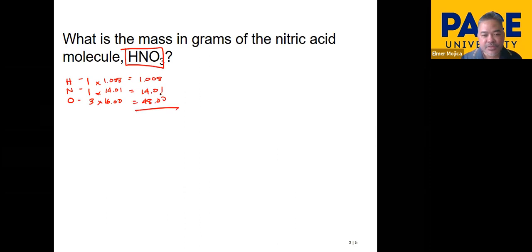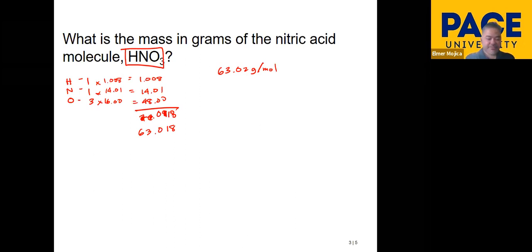So 14 plus 1, that's 15, so this is 63.018, or I can just put this as 63.02 grams per mole.